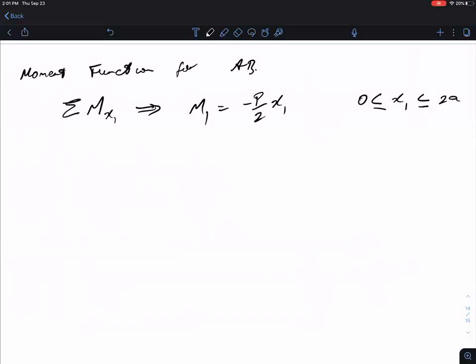Then we can do the moment function for BC.